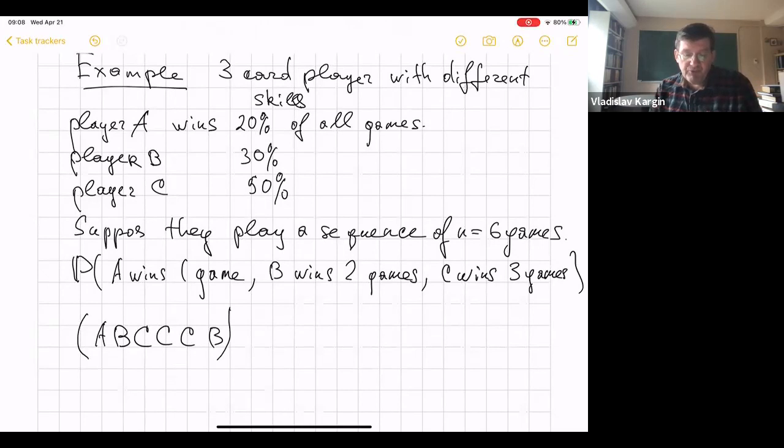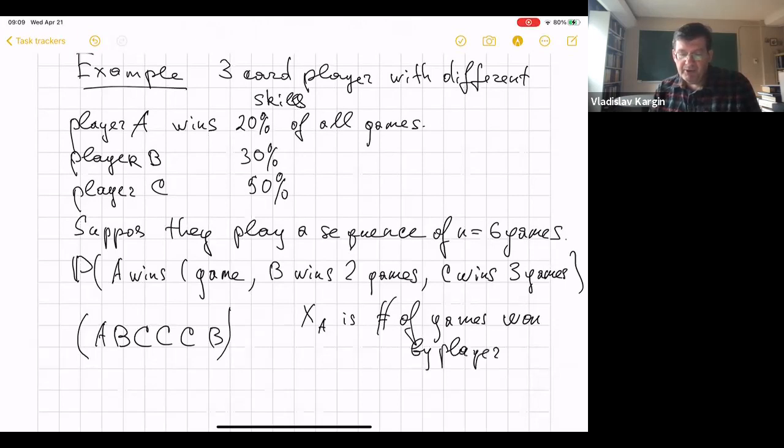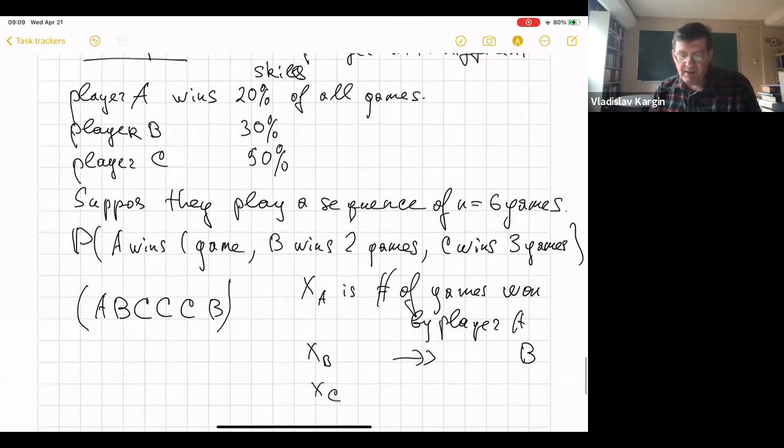So essentially what you want to know is XA, the number of games won by player A, XB, the number of games won by player B, and XC, the number of games won by player C.